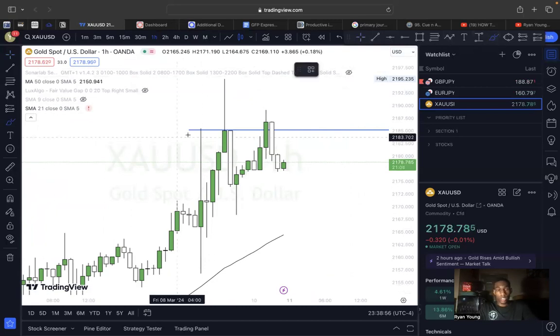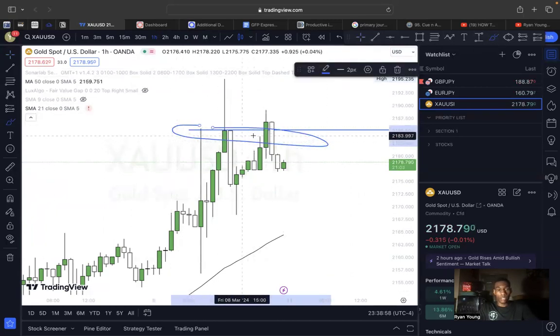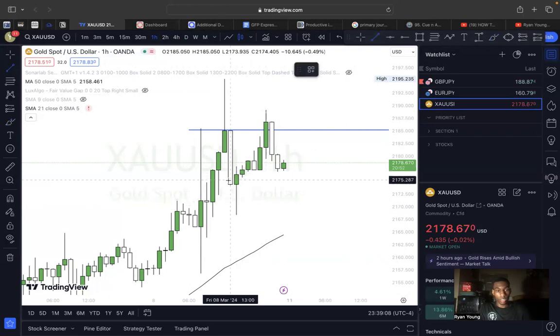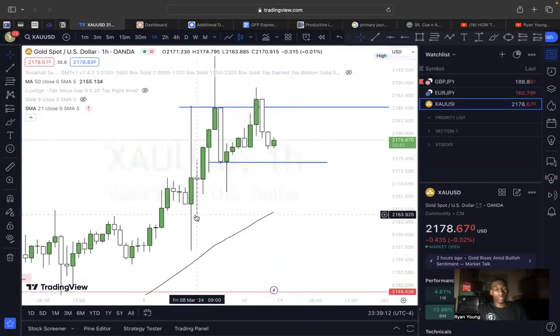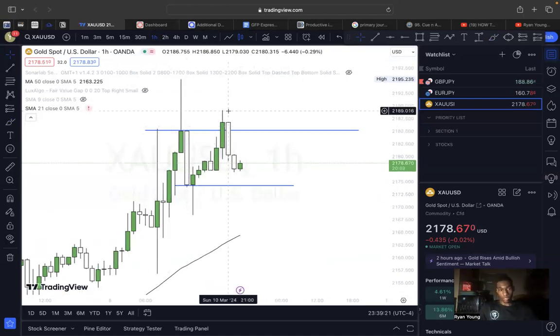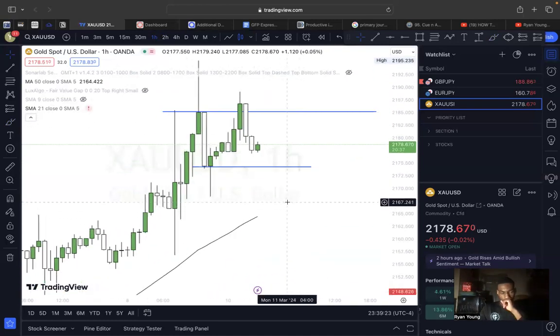So with this area of resistance, I'm going to be noticing if price will respect it and continue to respect it, or will we get a break of here, right? Because this is the last higher low, I would say. So will we get a break of here or a break of here? Excuse me.